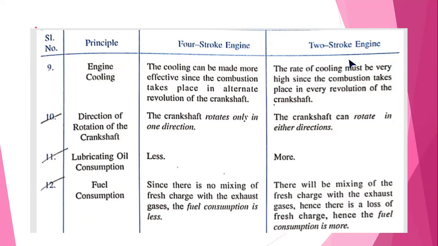But in the case of a two-stroke engine, the cooling of the engine takes place by air. When the vehicle moves in the forward direction, the air coming in the opposite direction hits the engine block and engine head, so whatever heat is developed in the engine is removed by the air. That is the major difference between four-stroke and two-stroke engines in the engine cooling system.